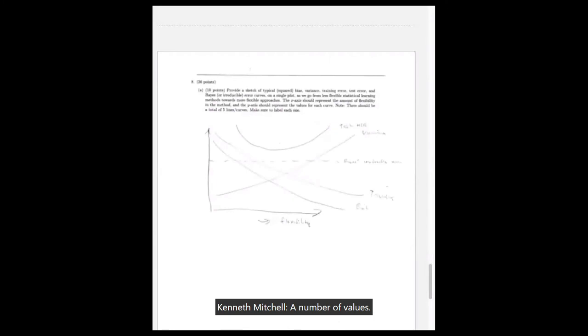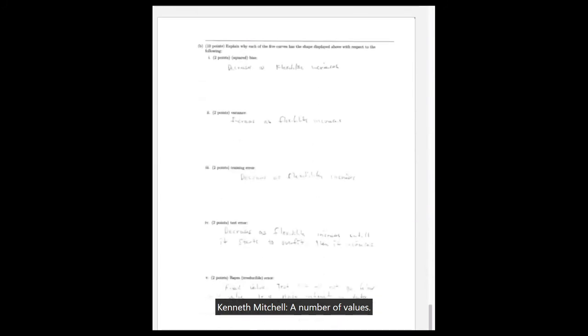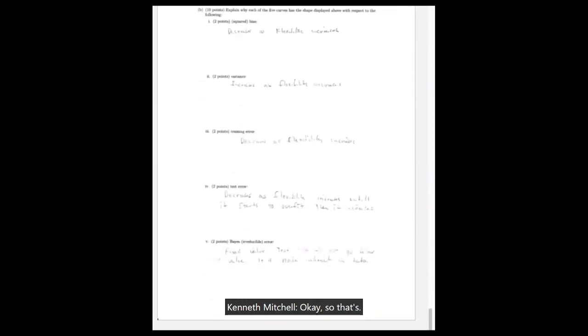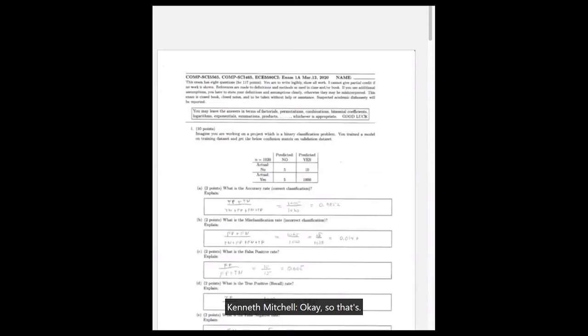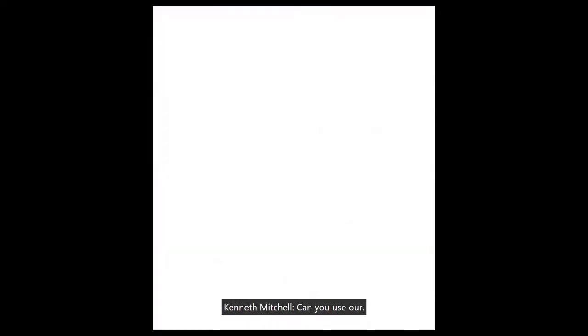Did you say we need a calculator? We just use RStudio. Okay, so that's, again, none of these have been the online versions. When you say we need a calculator, can we just use R? Can you use R?